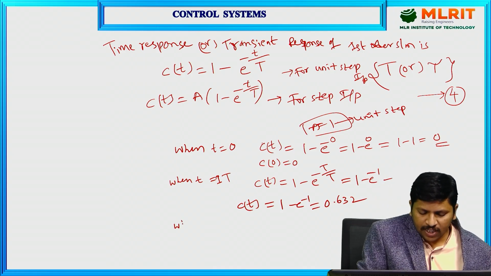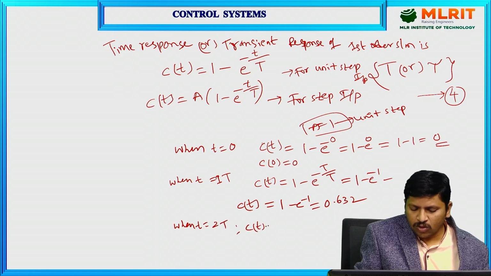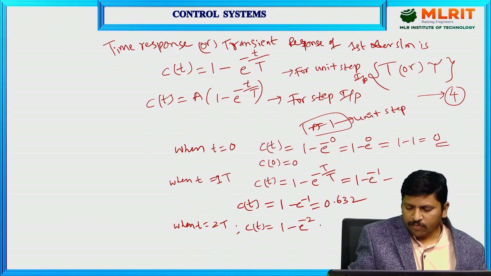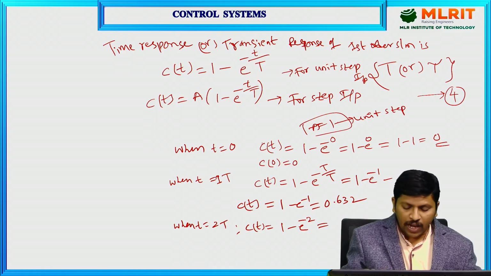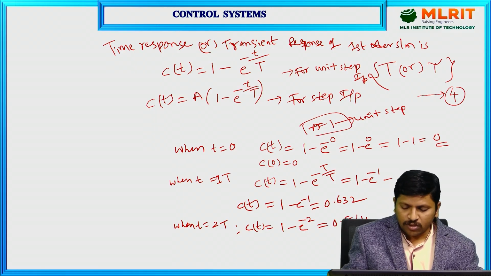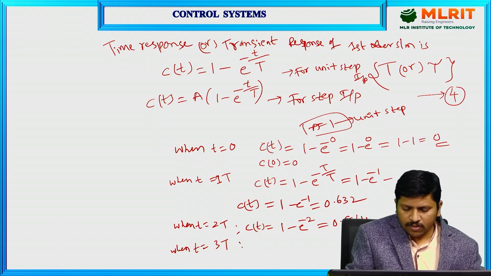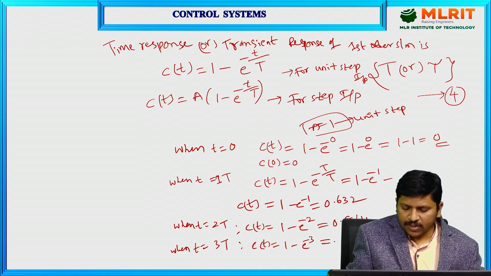Same as when t equals 2T, just substitute C of t equals 1 minus e power of minus 2 in place of t by T. Take the calculator, and in place of minus 1 just write minus 2. You will get the value 0.864. Again, consider 3T: C of t equals 1 minus e power of minus 3.